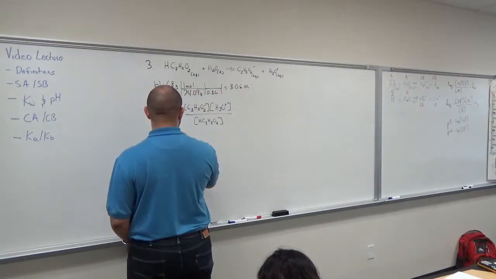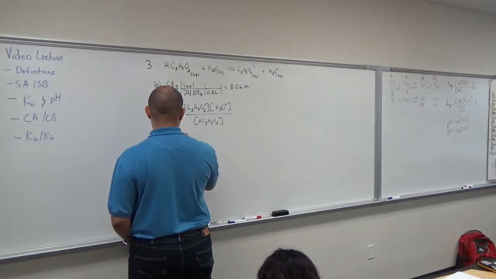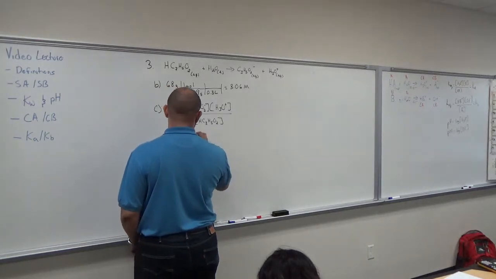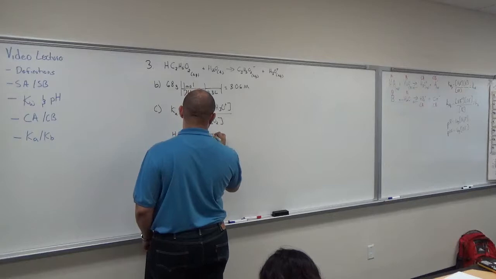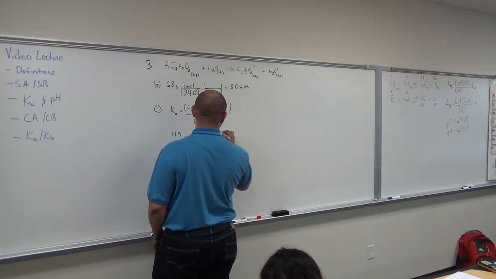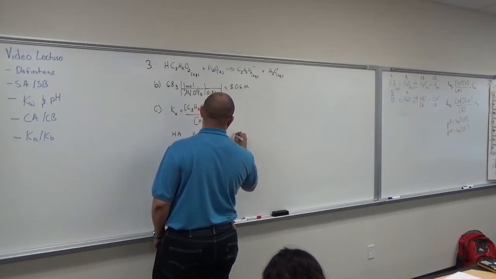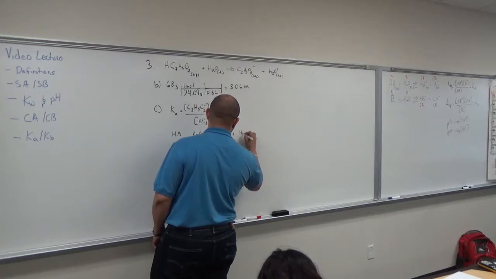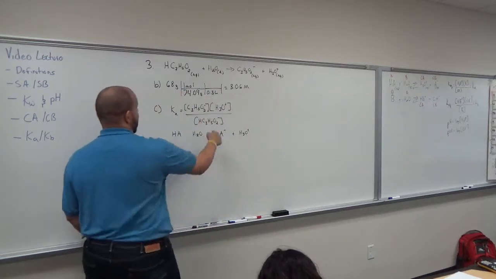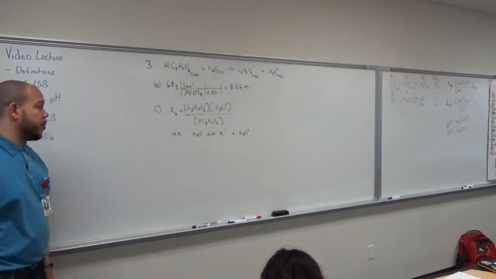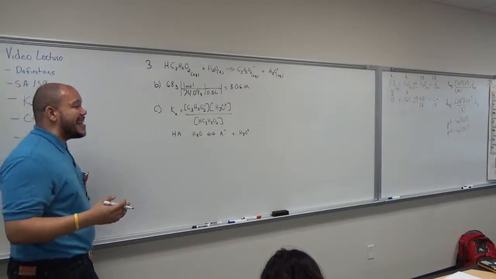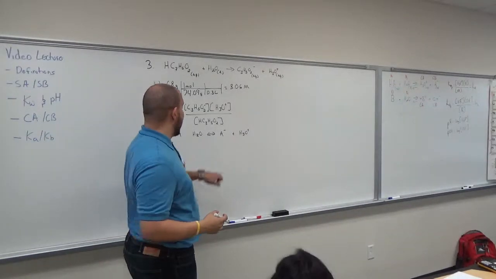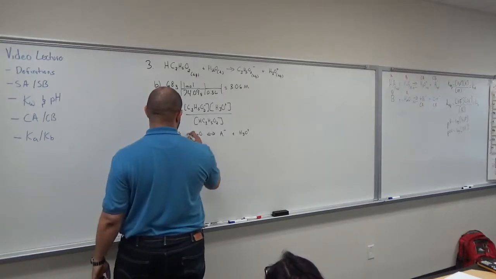The ice table involves, and I'm going to do generic just because, HA, H2O, A minus in this case, plus H3O plus. Realize that HA and A minus are conjugates of propionic acid, or propionate, properly described as propionate, and HA is propionic acid.